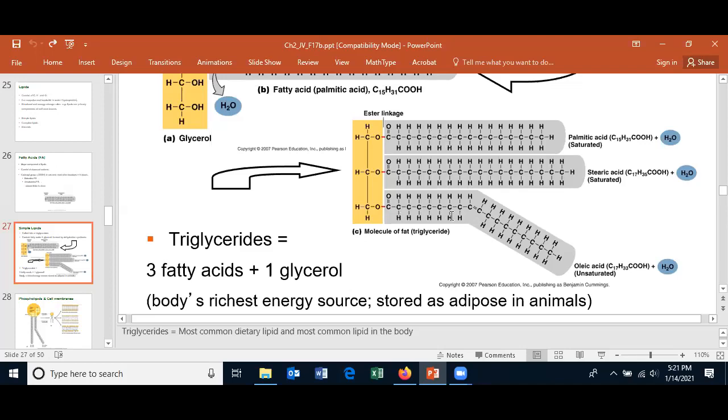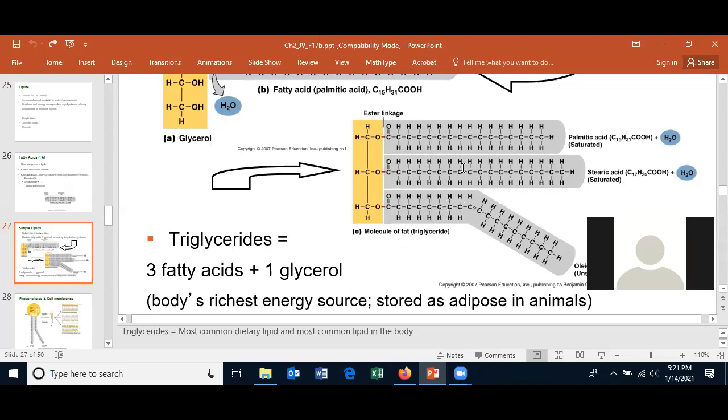And because there's three fatty acids, we call this a triglyceride. Tri meaning three, and then glyceride because it's bound to glycerol. Okay? And like I said, this fat, or triglyceride, is the most common lipid in our diet and the most common lipid in our body, triglycerides.